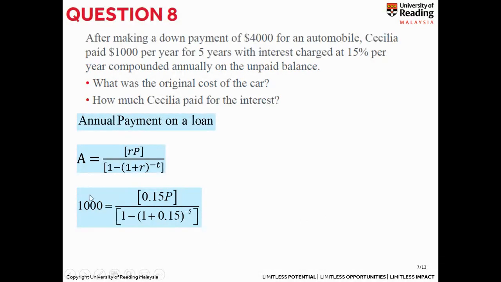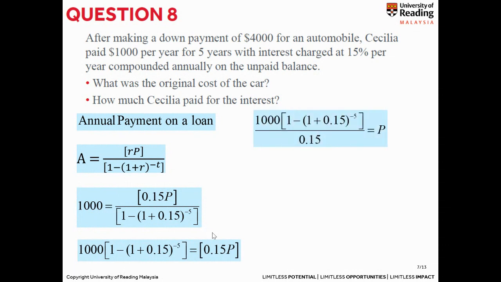Because you are paying annually, every year you pay 1,000. R is the interest, which is 0.15. P is the amount that you borrow. So sub in this, and be careful, the power here is negative. So cross multiply, work out the value very carefully, and bring the 0.15 over.